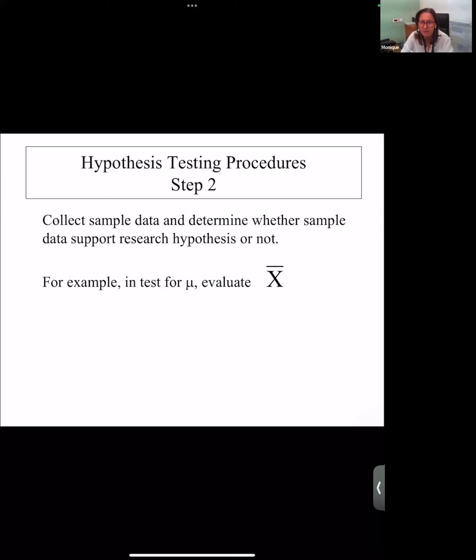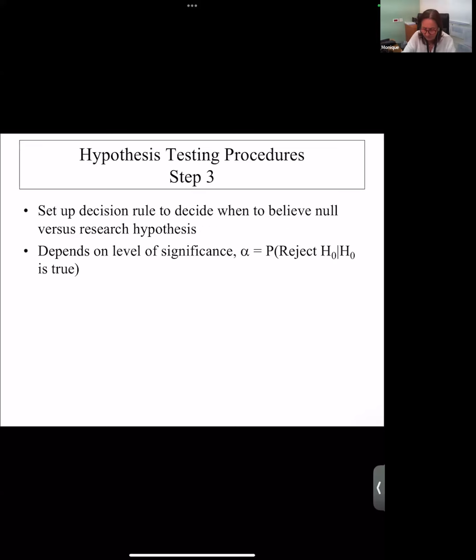For instance, if we are testing for mu, the mean body mass index in the population of university students, I take a sample of AUB students and I compute the X bar. I average all the body mass indexes of the students in my sample. Using that X bar, I can test whether the hypothesis that the body mass index is less than or equal holds true or not.